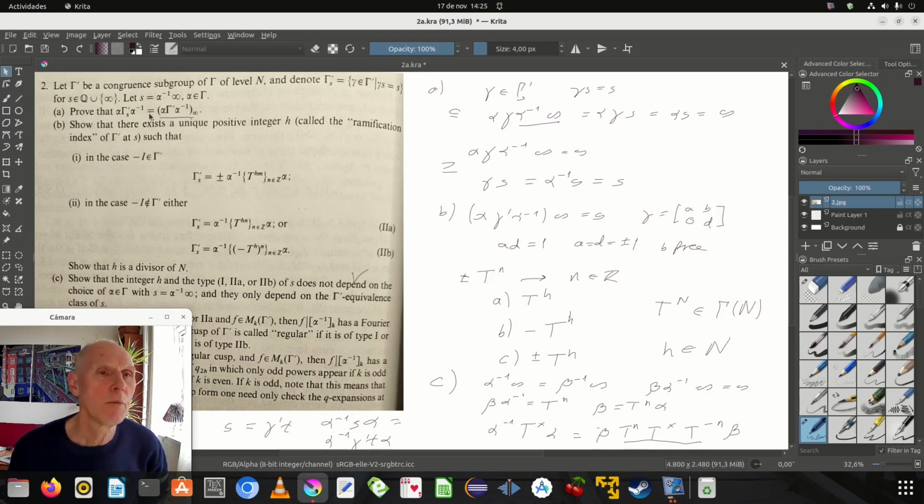But if it's beta alpha, then it's alpha to the minus first, beta to minus first, and then this one is expressed the same way, but then we have beta minus first to the left and beta to the right. So the inside should be exactly the same.